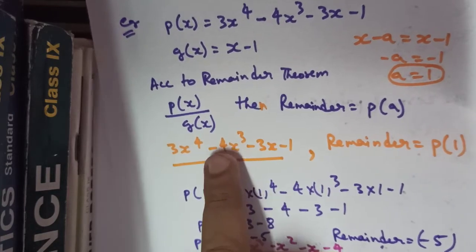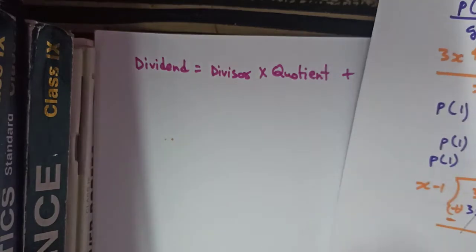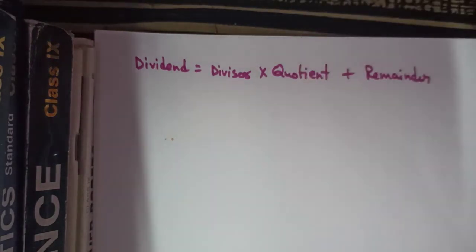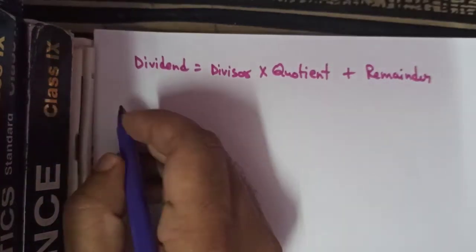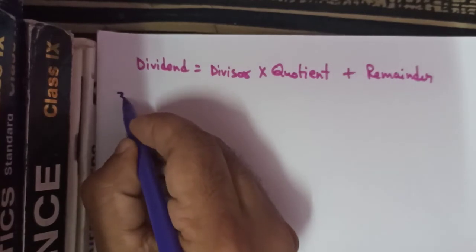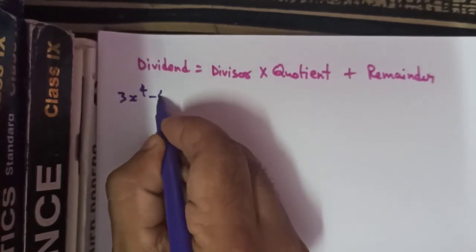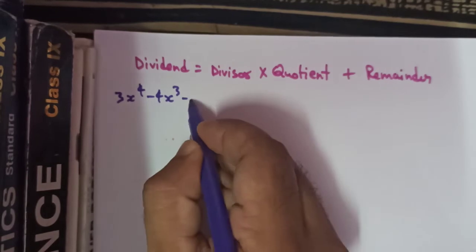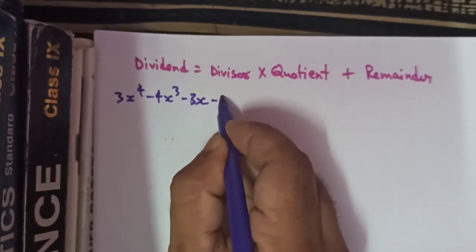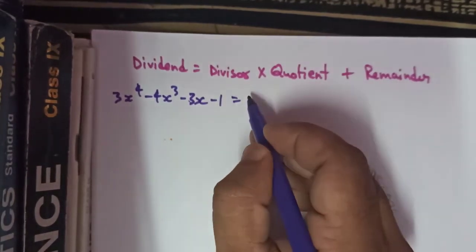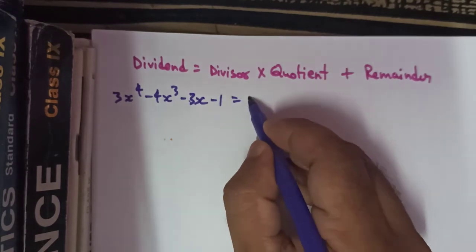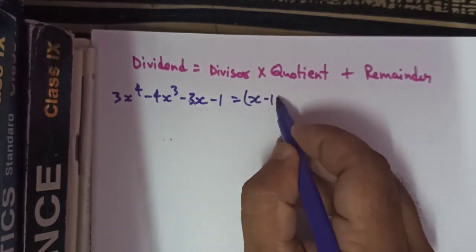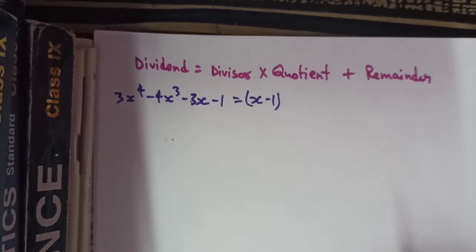So I substitute the values of dividend and divisor here: 3x power 4 minus 4x cube minus 3x minus 1 is equal to divisor, and the divisor is x minus 1. I have just substituted the values of the dividend and divisor.